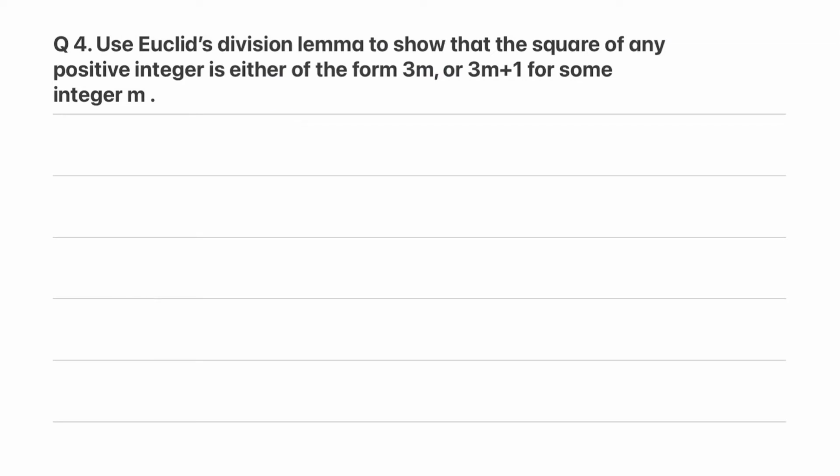Now question number 4, it says, use Euclid's division lemma to show that the square of any positive integer is either of the form 3m or 3m plus 1 for some integer m.